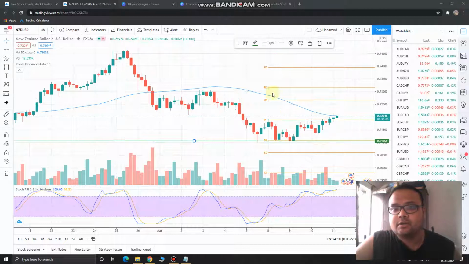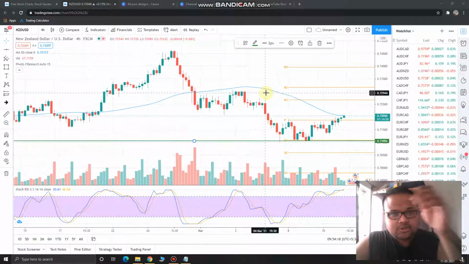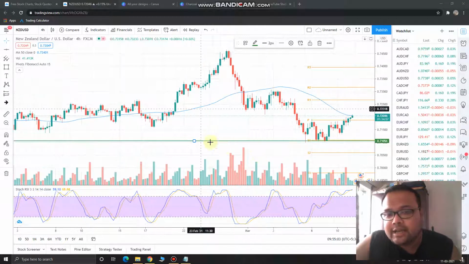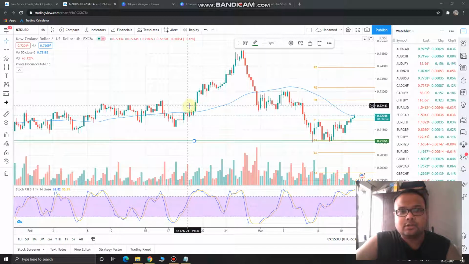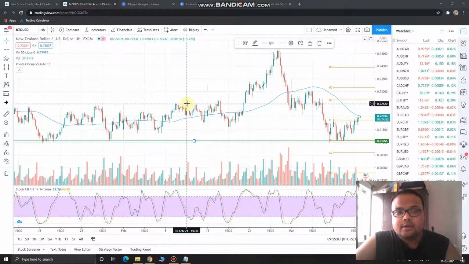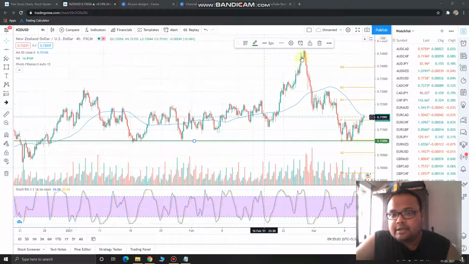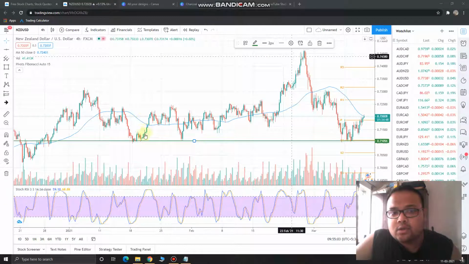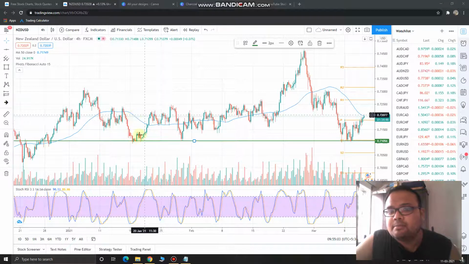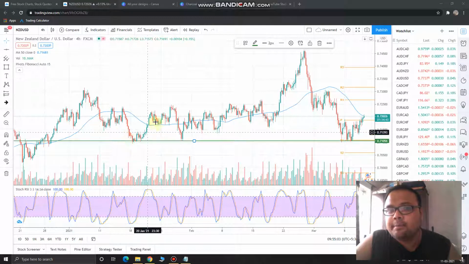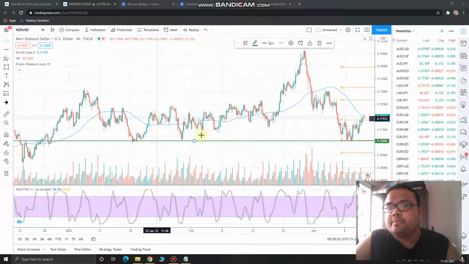Let me show you on the chart. If I zoom out the chart, you can also see that I have drawn a green line here. Before this uptrend, market was in consolidation. Market was having no trend, it was going up a little, taking support, going up, taking support.